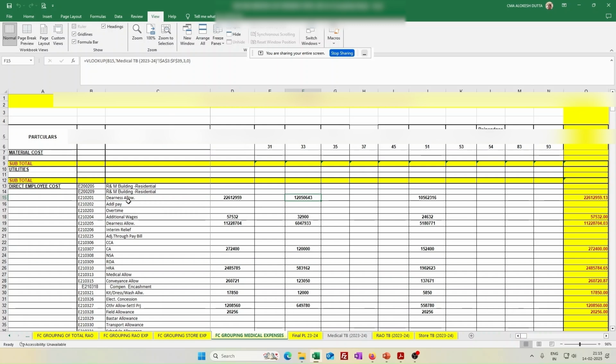This is the dearness allowance, E210201. This is uniform for all the RAOs. 210201 is the code, and we have to find this one. What is the trial balance? Medical trial balance. It is a medical expenditure allocation. So we have to see the medical trial balance, medical TB.